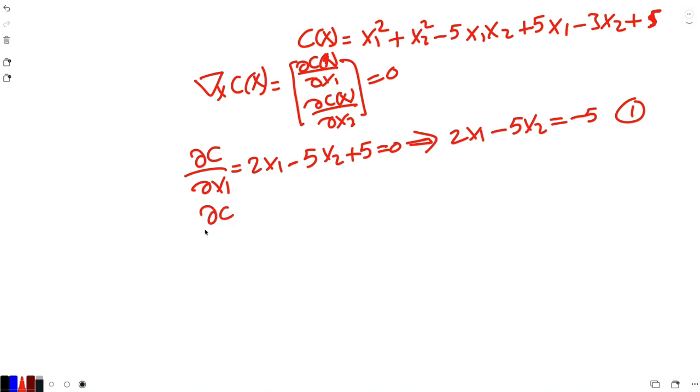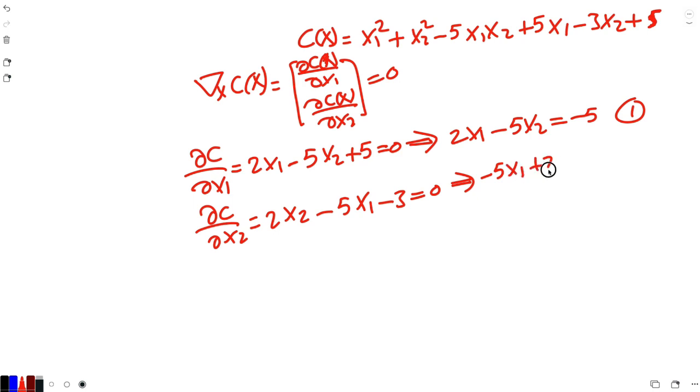And then we take the differentiation with respect to x2. It is 2x2 minus 5x1 minus 3 equal to 0. We can just rearrange it to be the same form as above, so it becomes minus 5x1 plus 2x2 equal to 3.